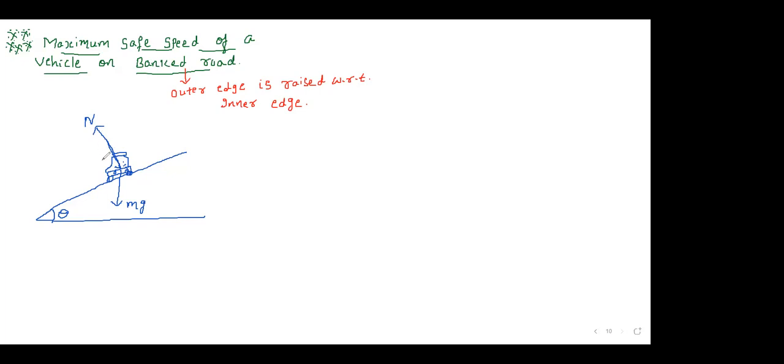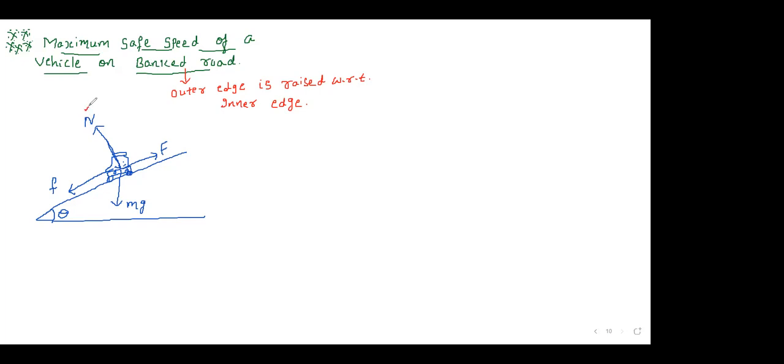If the vehicle starts moving upward with some force F, opposite to that there will be a frictional force, isn't it? What is that frictional force equal to? F.